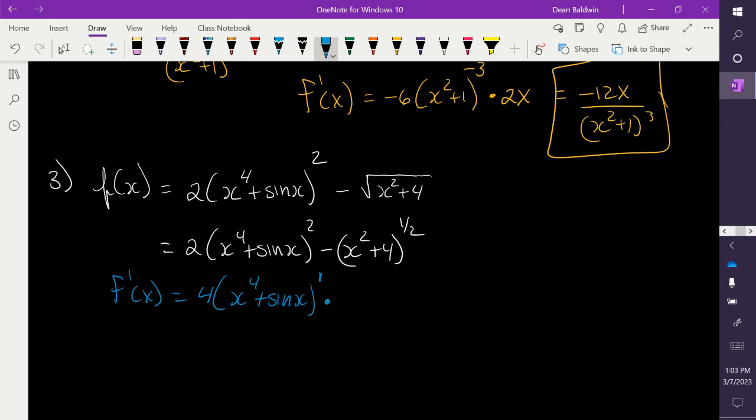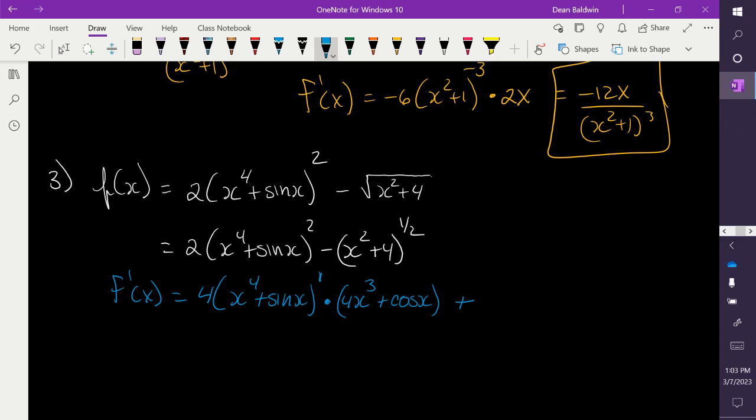Times, what's the inside derivative of x^4 + sin x? 4x cubed, and then the derivative of sine is cosine. So that's the derivative of the first part.